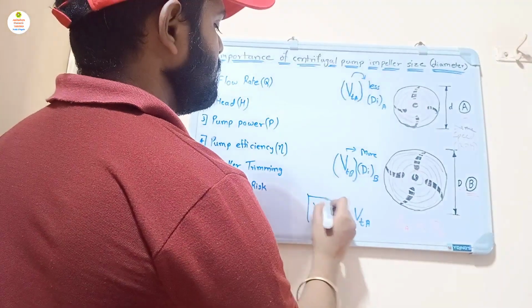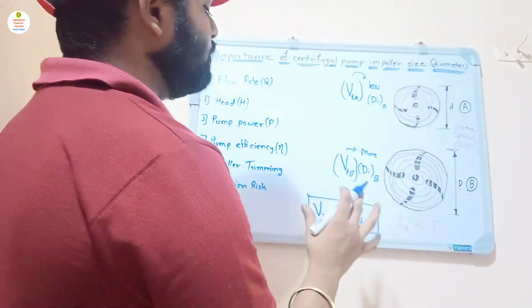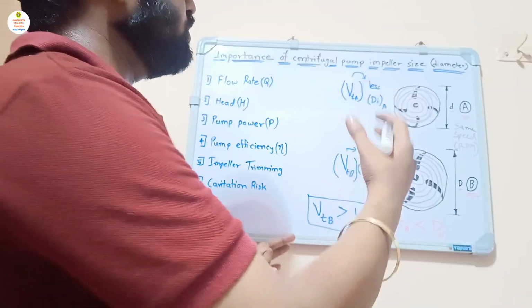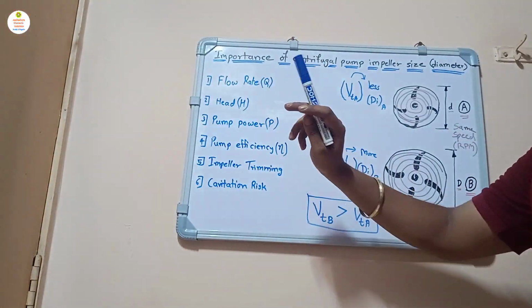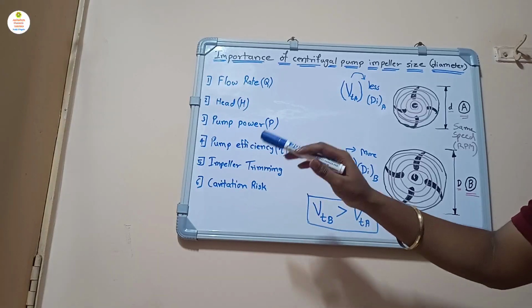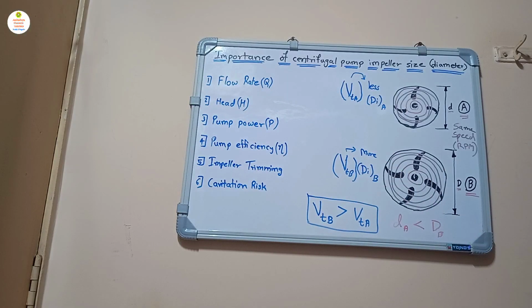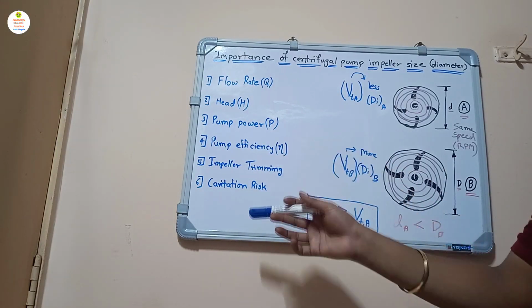Now we will see how this tangential velocity affects the parameters: flow rate, head, pump power, pump efficiency, impeller trimming and what is impeller trimming, and cavitation risk.